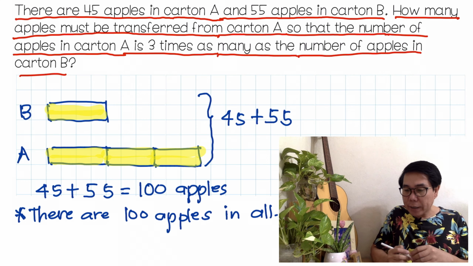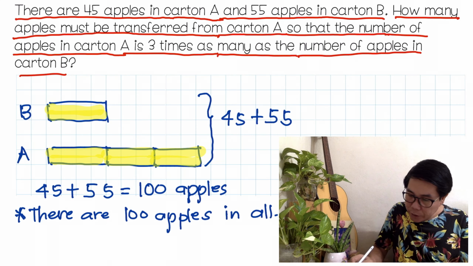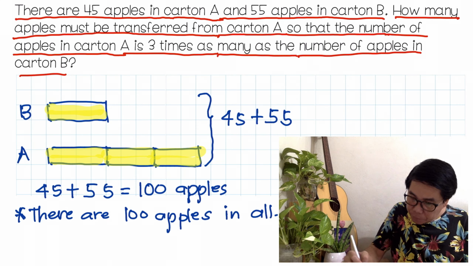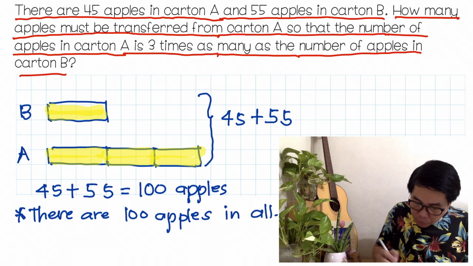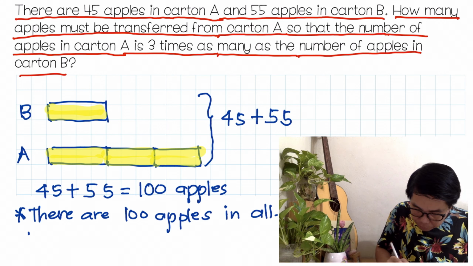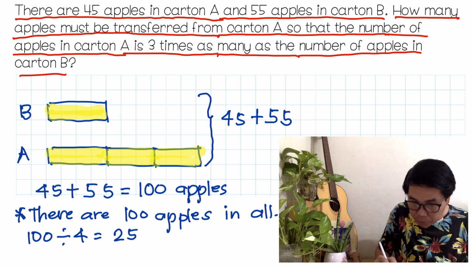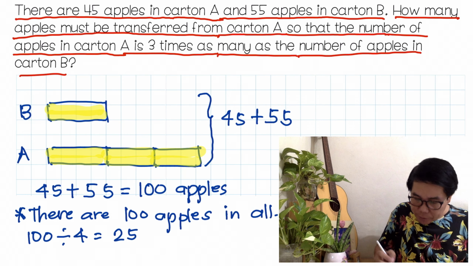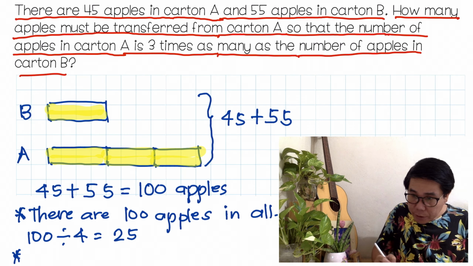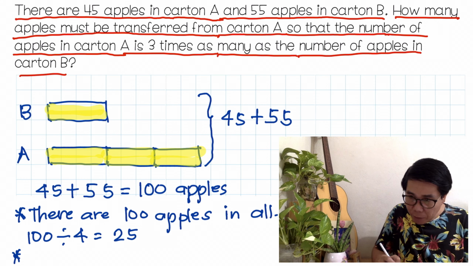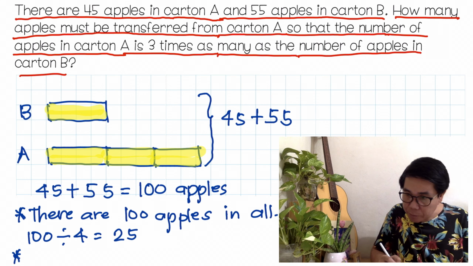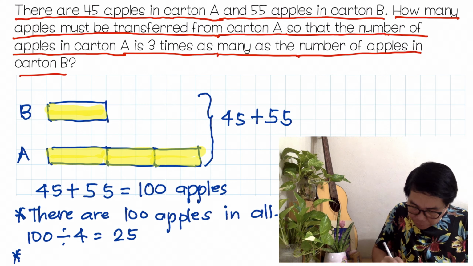So let's find out 1 unit for that. 100 divided by 4 is equal to 25 apples. So there are 25 apples in carton B in the end.